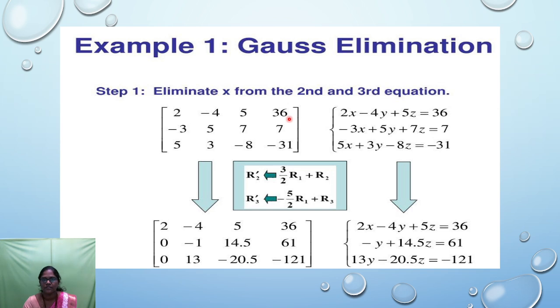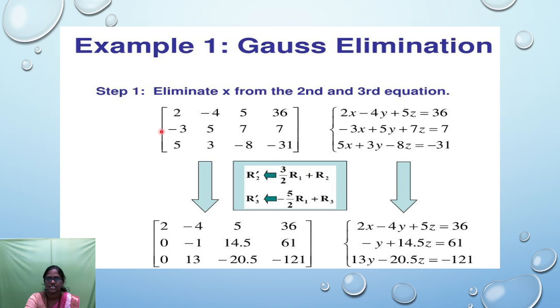So we need to convert this matrix into row echelon form. Here we use the coefficients of the first row. This is the coefficient of x, this is the coefficient of y, this is the coefficient of z, this is the constant. Okay, so we need to change these two terms to 0. First, using the first row, we convert the minus 3 in the second row into 0.